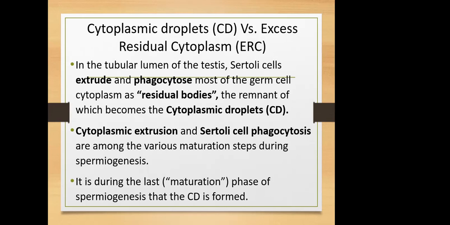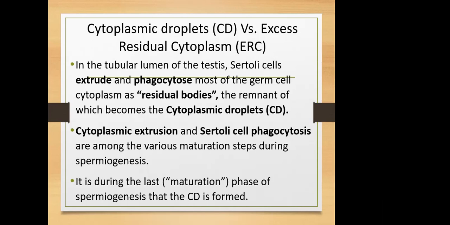Those ones are called excess residual cytoplasm, and that one is pathological, an abnormality. I hope the point is clear. So, cytoplasmic droplets versus excess residual cytoplasm.